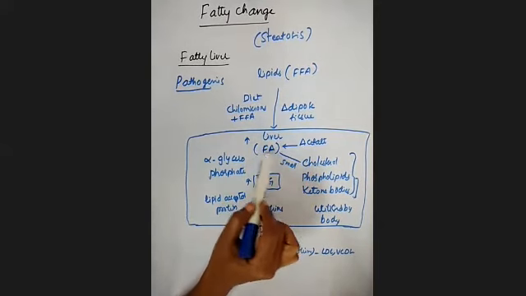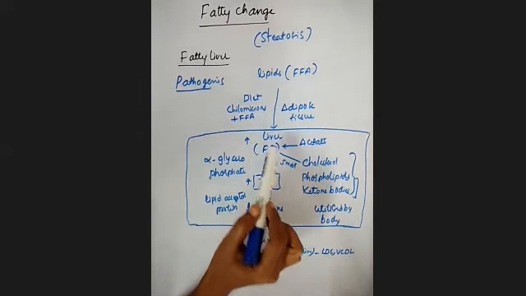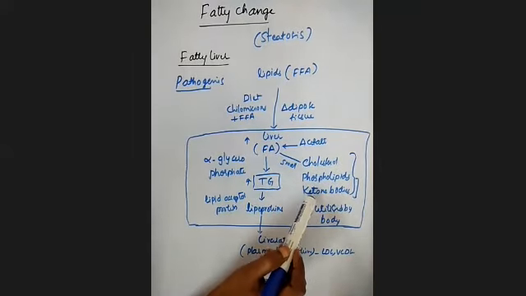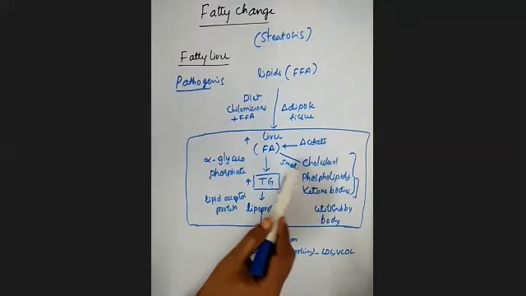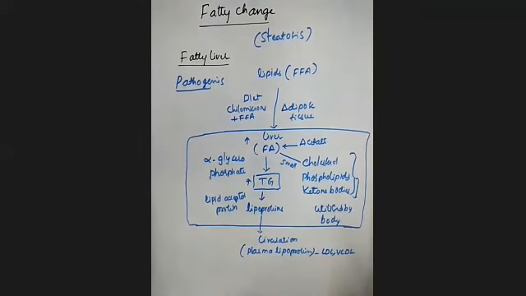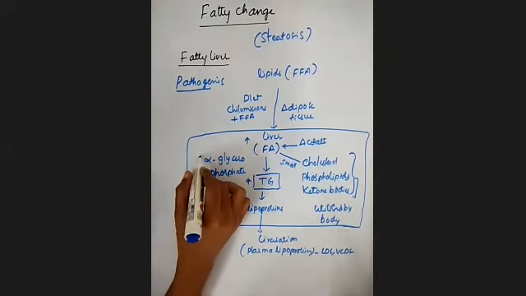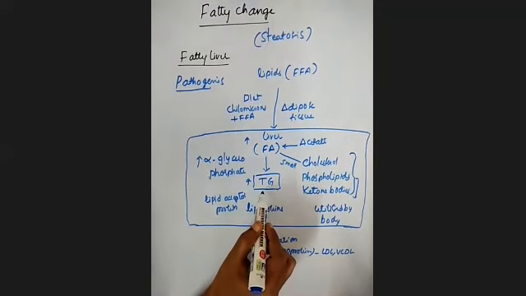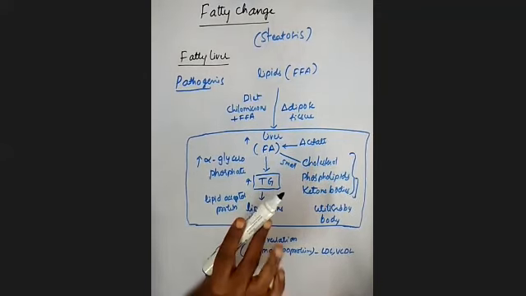If the fatty acids are not able to convert into ketone bodies, then there is a chance of converting this small amount also into triglycerides. Is it clear? That is the third reason. And fourth one is increased levels of alpha glycerophosphate. If these levels are increased, the fatty acids are converted into triglycerides very fast.